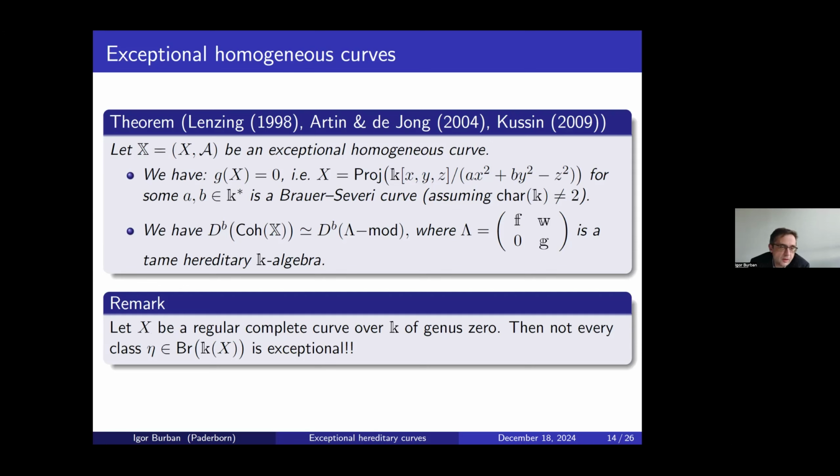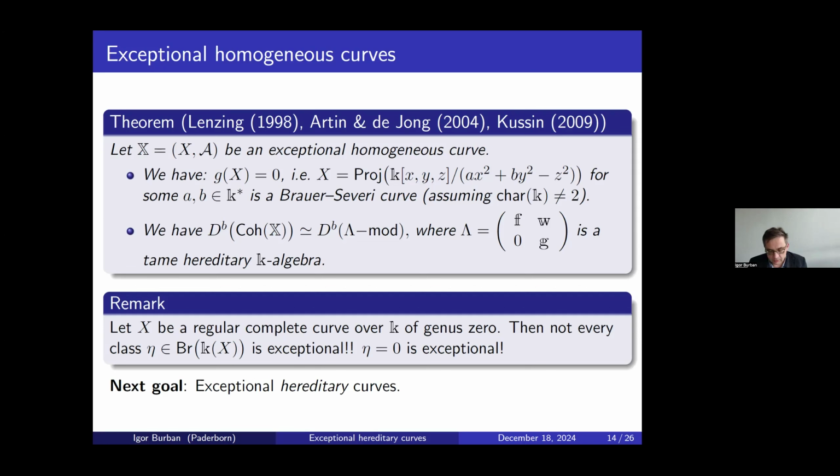This curve has tilting objects if we pass to the algebraic closure, but it need not have a tilting object before going to the closure. So if the class eta is 0, then such curves are always exceptional. And the statement is, if I have an arbitrary commutative scheme X given by this conic, there is always a tilting bundle in the corresponding direction.